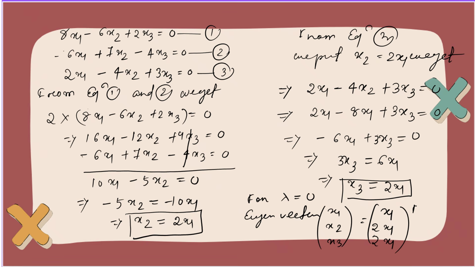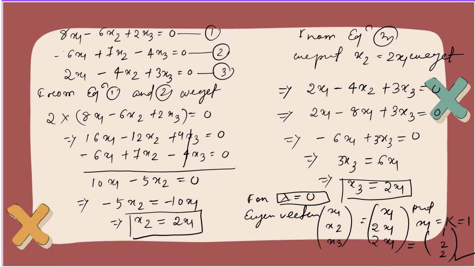Now you put x1 equal to k, and that k value you can take as any number. If it is 1, then the vector is nothing but 1, 2, 2. So this is the eigenvector for this eigenvalue. Clear? So move to the next.